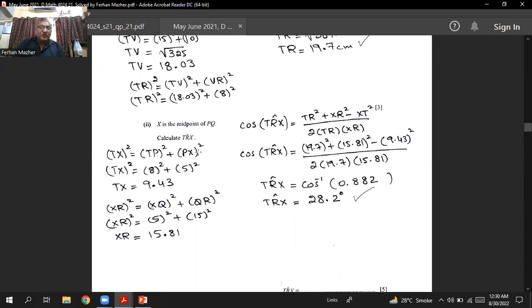So cos of TRX will be equal to 19.7 square plus 15.81 square minus 9.43 square, divided by 2 times 19.7 times 15.81. So TRX will be equal to the cos inverse of 0.882. So TRX will be equal to 28.2 degrees.